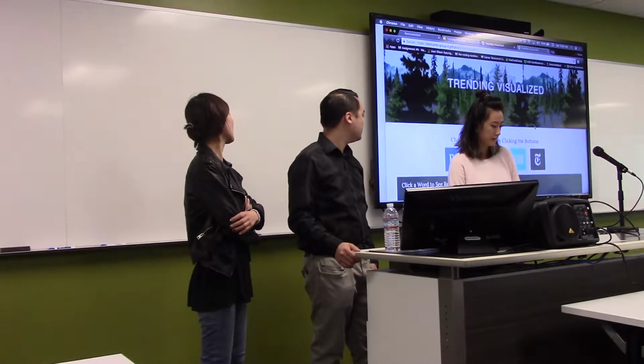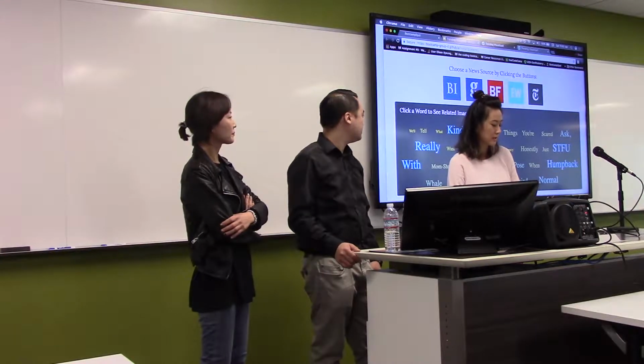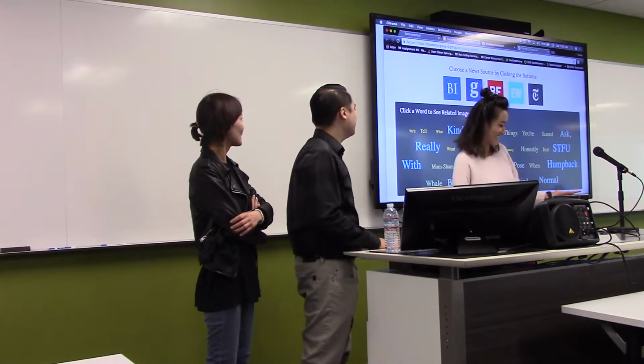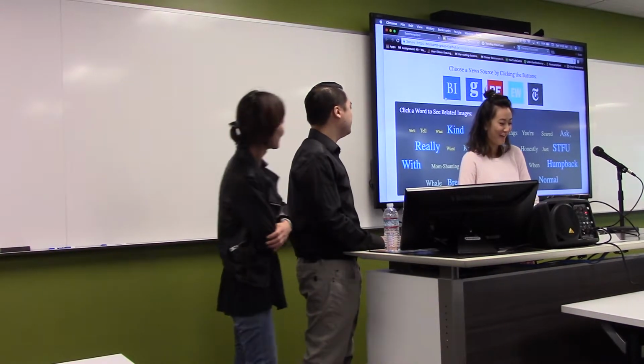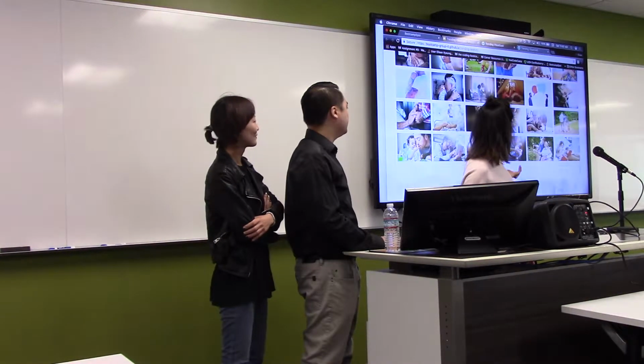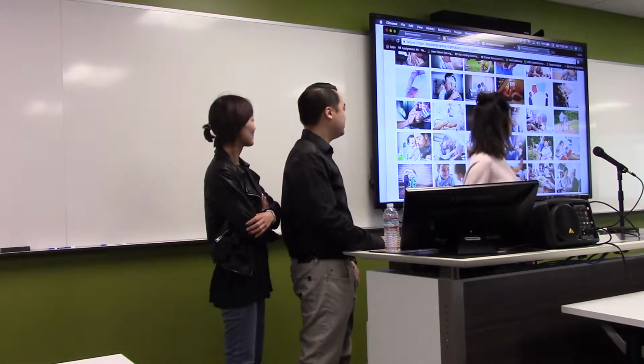I click on it, and I can scroll and see with cloud words what is currently trending. If I click on, let's say, kind, I will get cute images that pop up, related to the word kind.